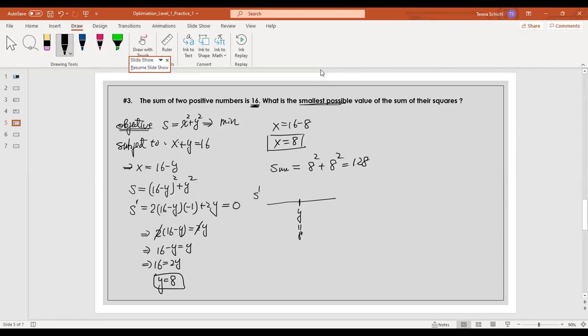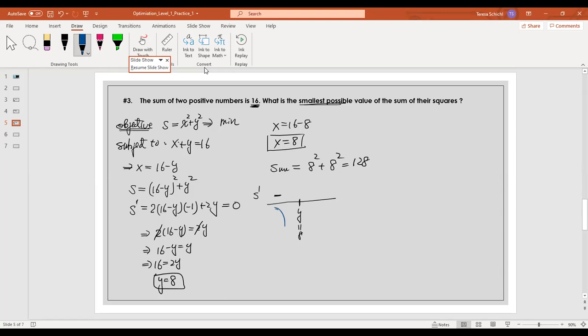You choose anything less than 8, and then you see whether S prime is positive or negative. If you choose y equal to 0, it's 16 minus 0 times negative 2, so it's a negative number. If it's a negative number, then what happens to your function?